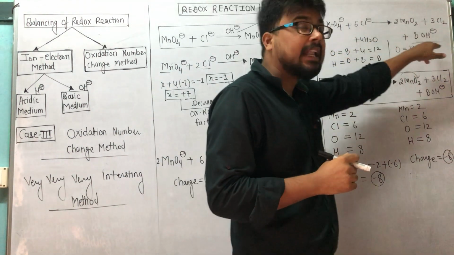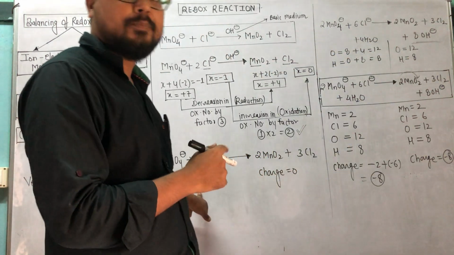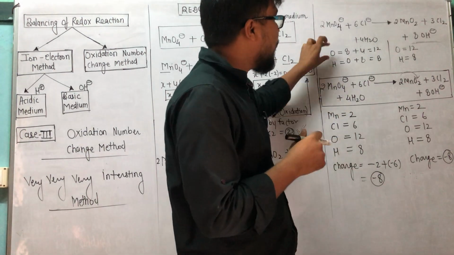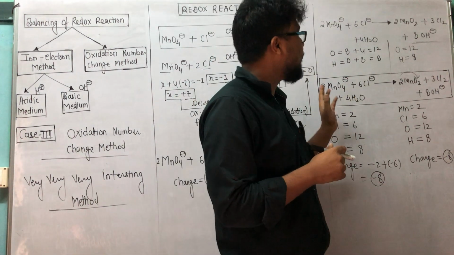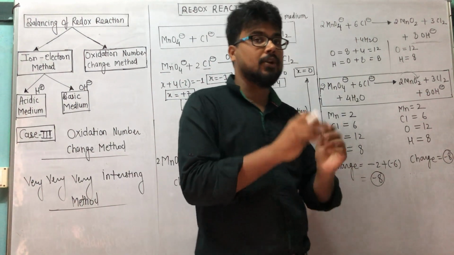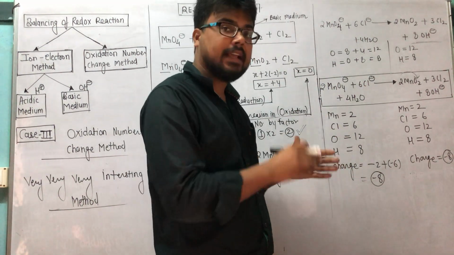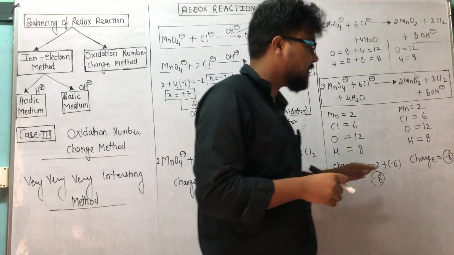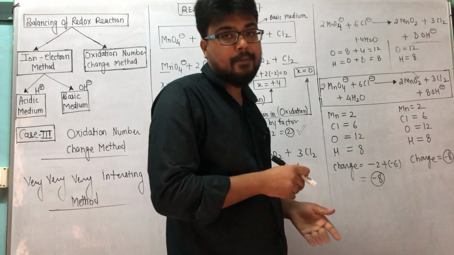It will be equal to the number of charge which we calculated, correct? And after that we will see oxygen and hydrogen, so that we can balance further by adding a suitable number of water molecule, and after that we can check again whether our balancing is correct or not, so we can see charge and next number of atom.